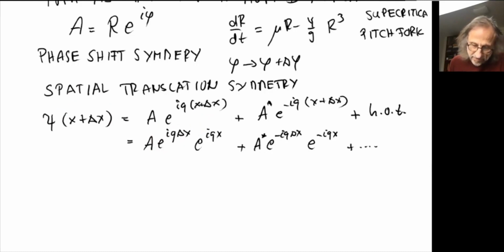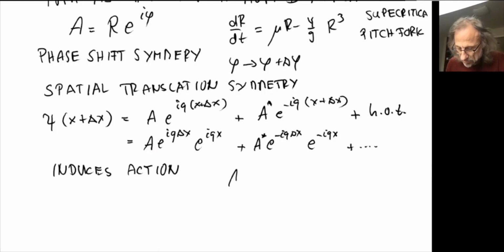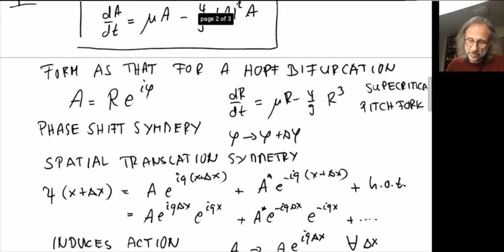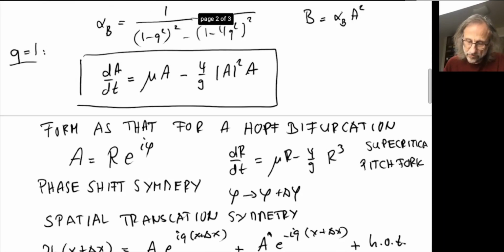So we can say the space translation symmetry induces an action on the amplitude of A going to A e to the i q delta x, for all delta x. And so therefore, the only nonlinear term that's consistent with that up to cubic order is this term. Quadratic terms are not allowed, and among the cubic terms, only this one is allowed, just like in Hopf bifurcation.